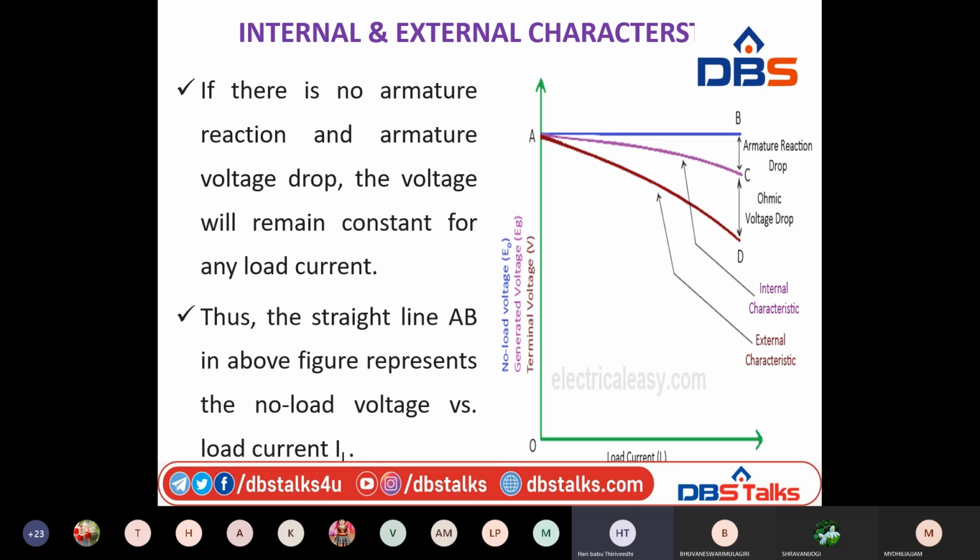Now AD is 200, because of ohmic drop, which is nothing but IA RA drop. Because of armature reaction drop, flux reduces, and flux reducing means voltage also reduces. So these are the internal and external characteristics of a separately excited generator.